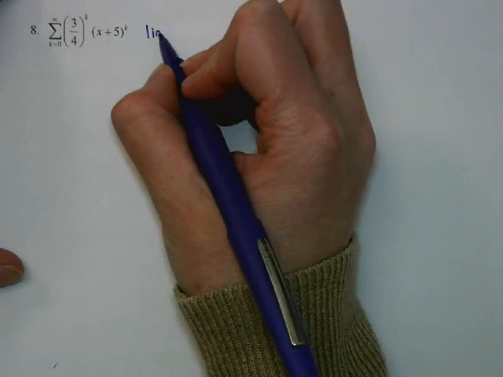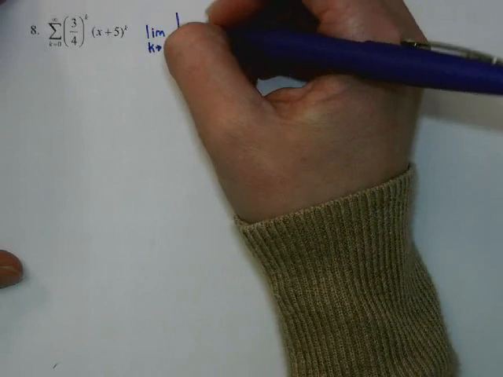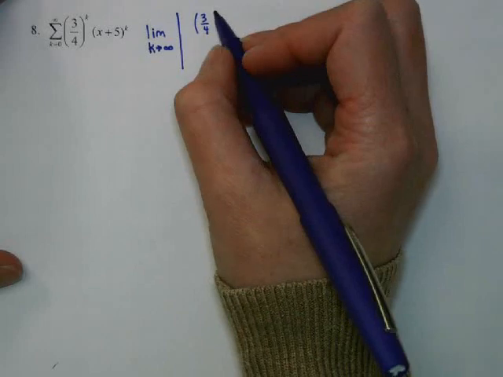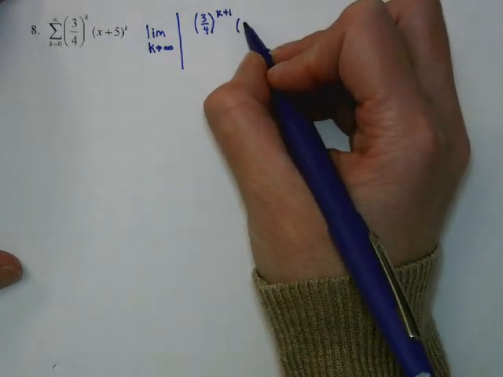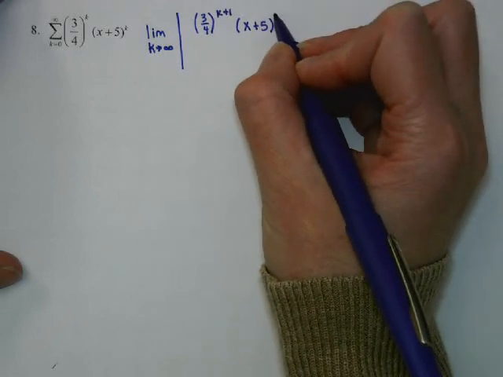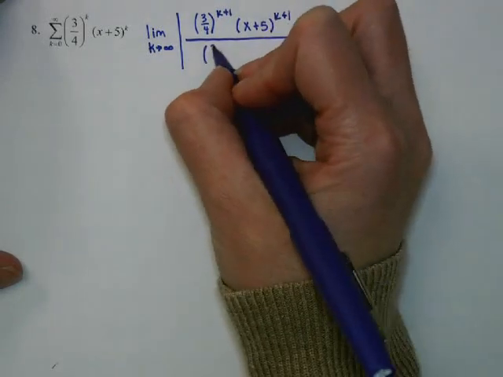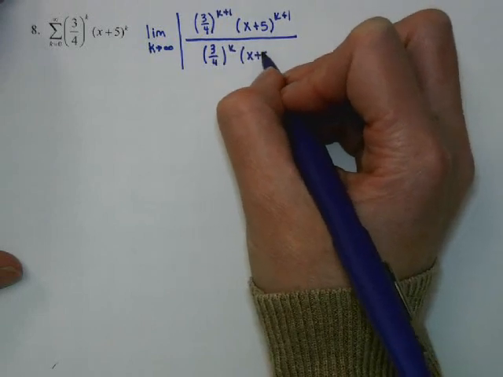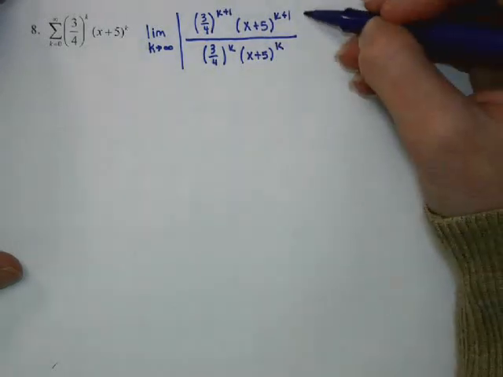All right, to our next one. We'll have (3/4)^(k+1) (x+5)^(k+1) over (3/4)^k (x+5)^k.